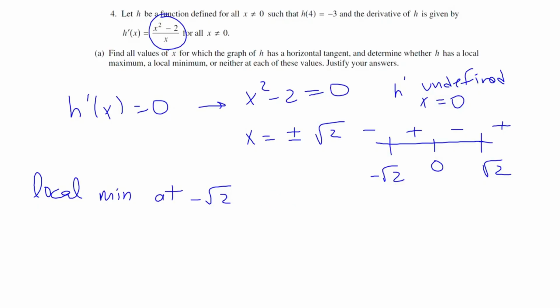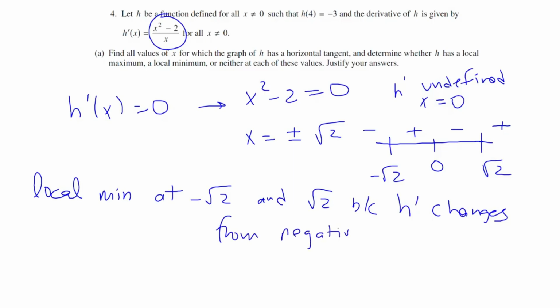And at root 2, a local min at root 2, we'll put that one down too. And that's because h prime changes, not f prime, this is h prime. Off to a good start here. H prime changes from negative to positive.